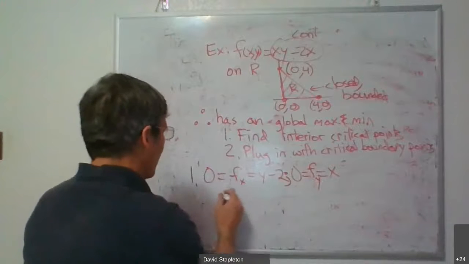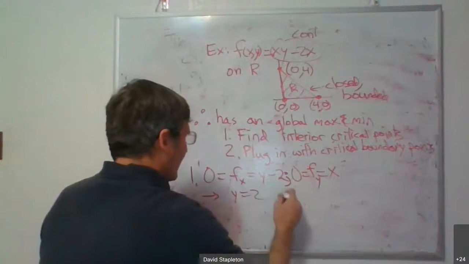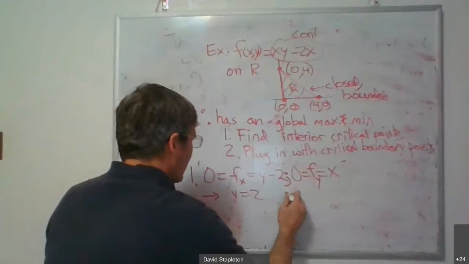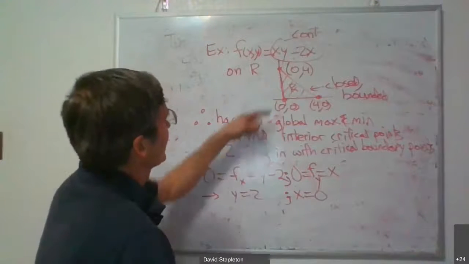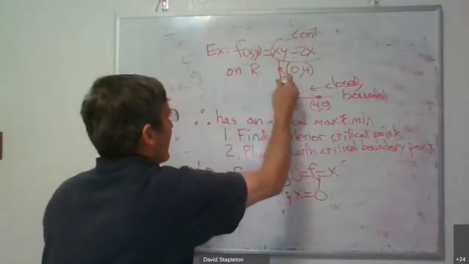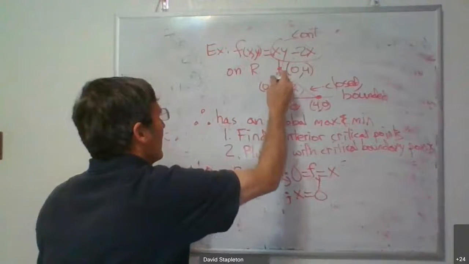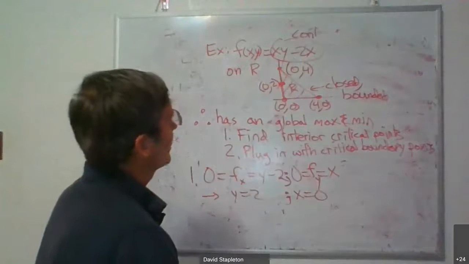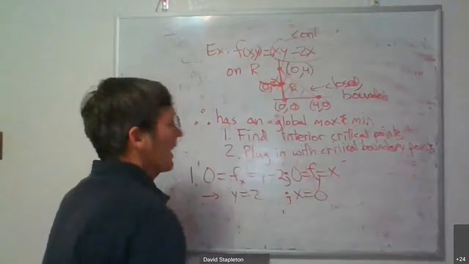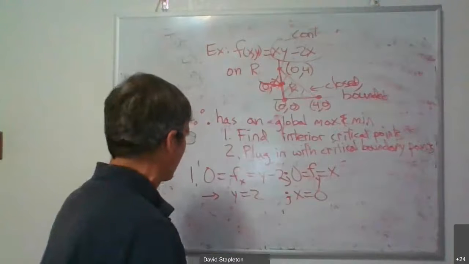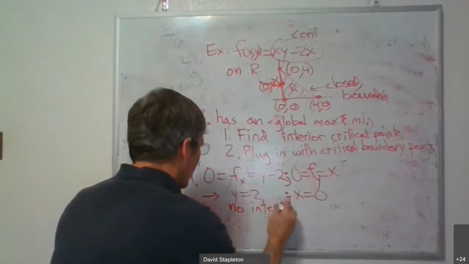So if 0 equals y minus 2, that says y equals 2. 0 equals x, that says x equals 0. Sometimes you'll get a point that's outside the domain. Let's see if it is. No, 0, 2 is in the domain. It's right on the boundary here. So we have to check that. Well, it's not an interior point. Actually, we don't have to check it. It's not an interior point. We don't need to check it separately. No interior critical points.